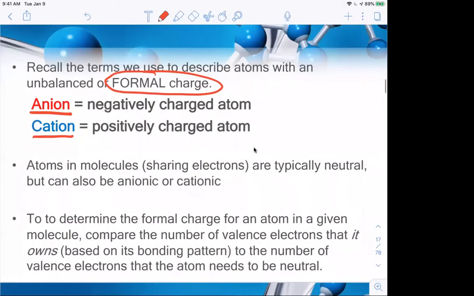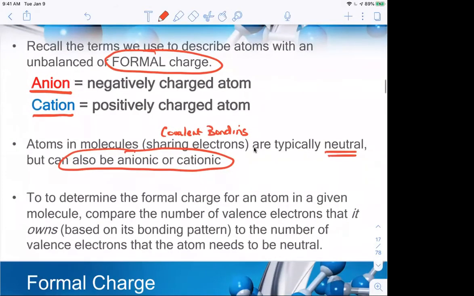Now, molecules with atoms that are sharing electrons, so these are covalently bonded, are typically neutral, but they can also be anionic or cationic. So we have to be able to determine the formal charge for an atom in a given molecule.